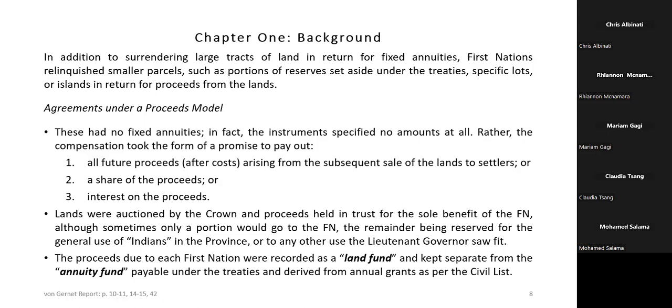So those are the three categories of promises, if you will.